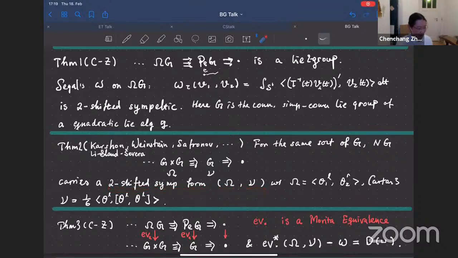We see this claimed, for example, in Safronov's paper, and maybe also in other papers. I think also in Li-Bland and Ševera, they have this.